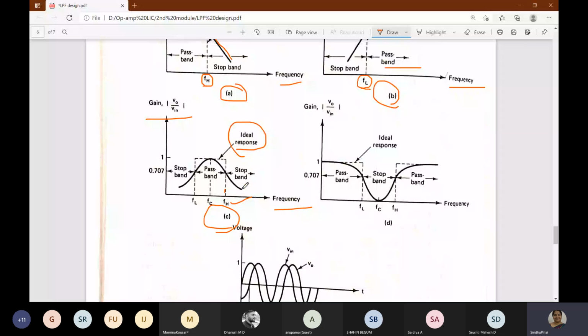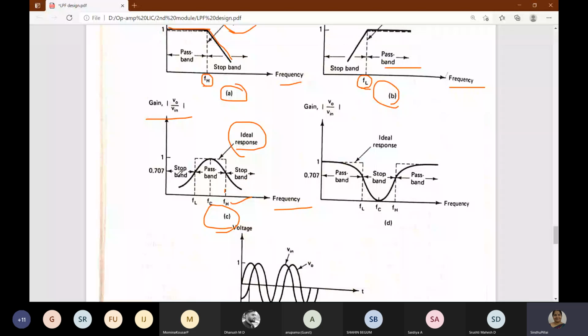Ideal response and practical response, both you have to put. So in the band pass filter, only a certain band of frequencies will be passed, that is the frequencies between FL and FH. The frequencies below FL and above FH will be completely rejected. This is our band pass.